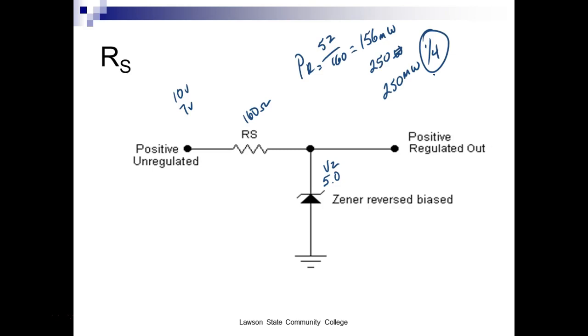Are we okay? So what are the standard wattage ratings for resistors we can see? What's the smallest? Standard wattage ratings for an actual lead resistor. Y'all don't know that?